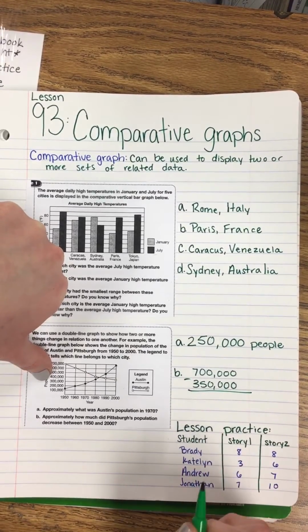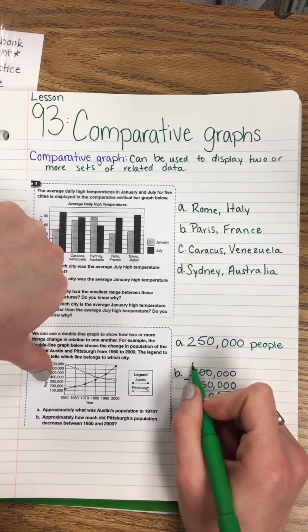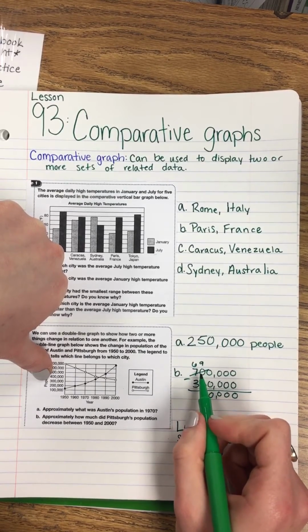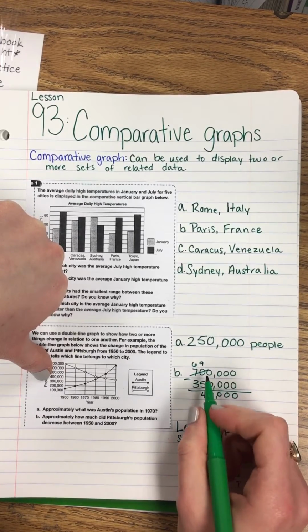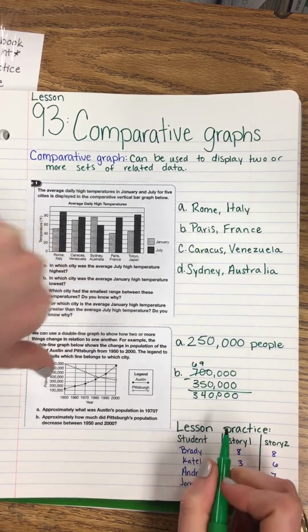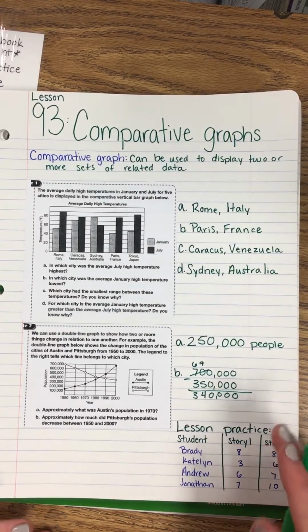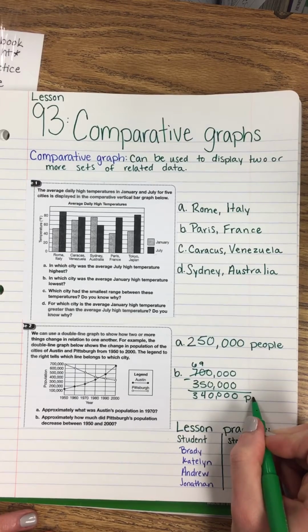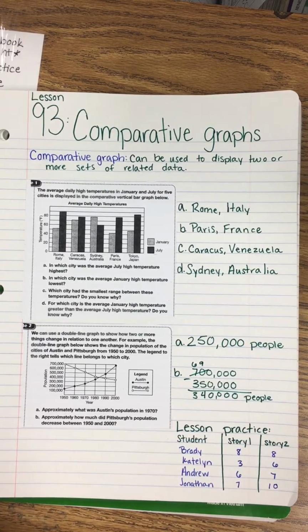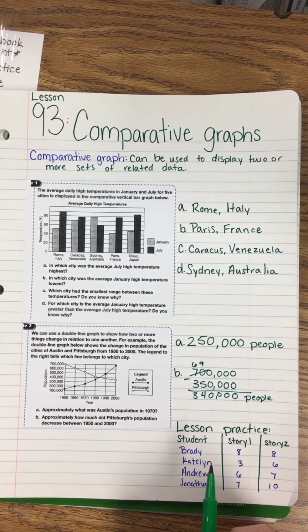You have to do a subtraction problem. 9 minus 5 is 4, and 6 minus 3 is 3. So about 340,000 or 350,000. If your estimate isn't exactly right and this was a multiple choice question, you would just look and see which choice is closest to your answer.